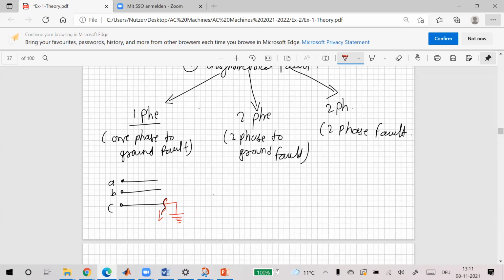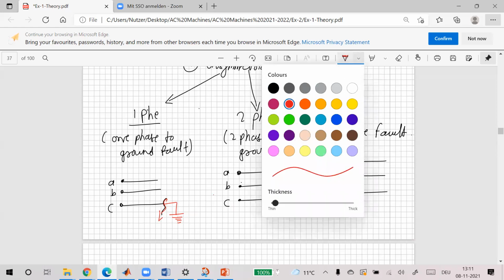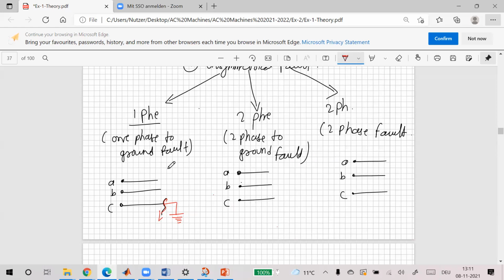The two phase to earth: there are two phases with fault and they are connected to ground. And a two phase fault is where you have a fault between two phases, but it's floating. It's not connected to ground. Okay. So this is also your fault.